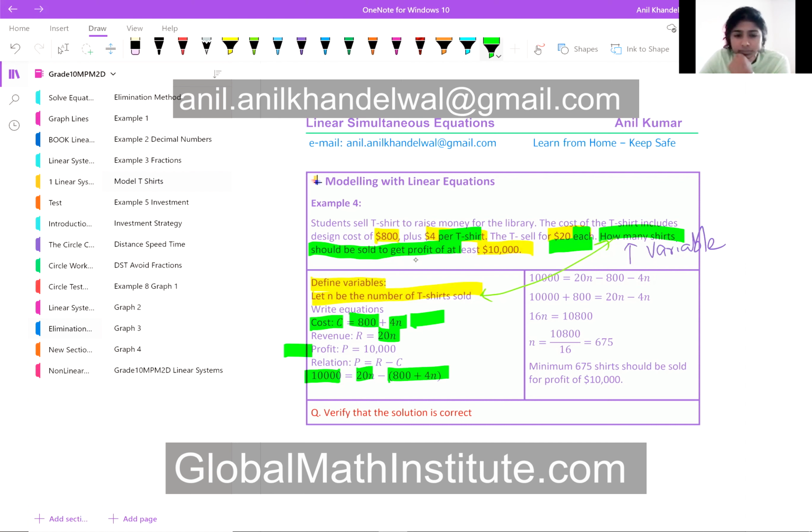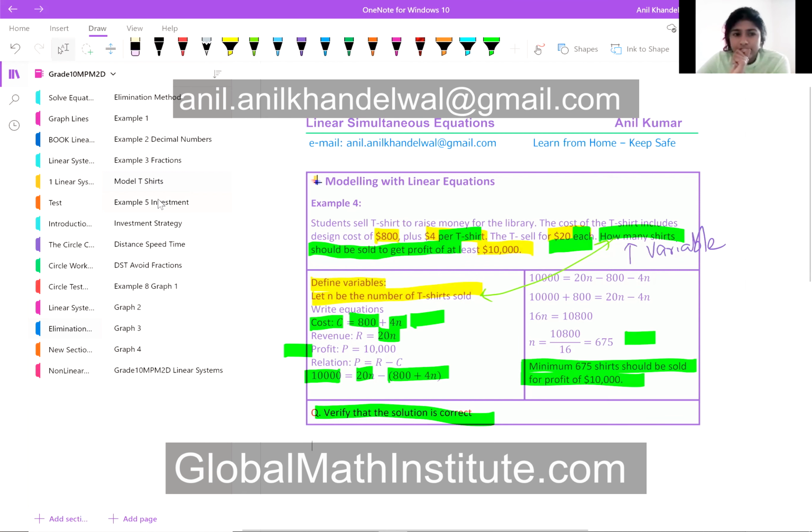Then you can just move your variables on one side, figure it out, get the answer. In this particular case, we did get a number for exactly 10,000. So that becomes our answer. Is that clear to you? Yes. Perfect. You could easily verify your solution also if time permits.